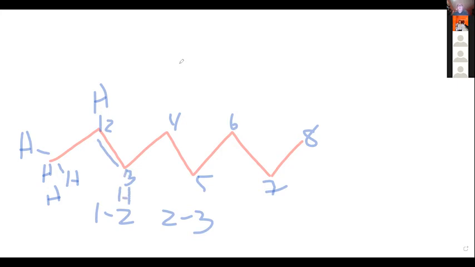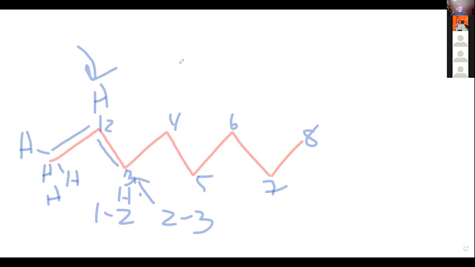So basically then we've got a 50-50 chance of the hydroxyl group going there or going there. But if we absolutely wanted to make sure that it was attached to carbon 2, we would put the double bond there. So that's the answer.